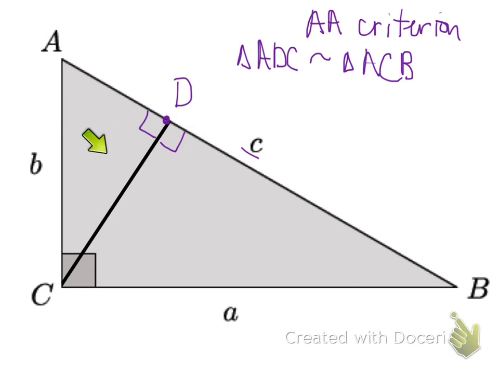Now that takes care of this small one here. We've got this medium-sized triangle here. It has a right angle, and it has angle B. Well, our original triangle has a right angle, and it has angle B as well.